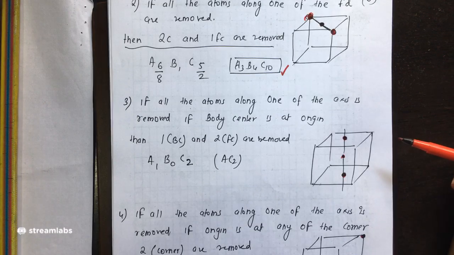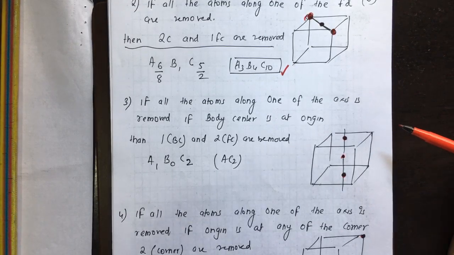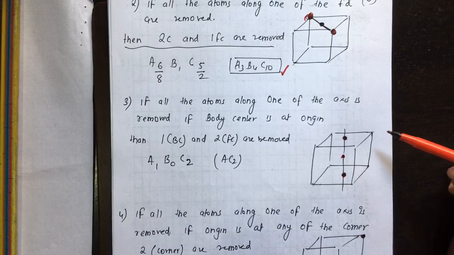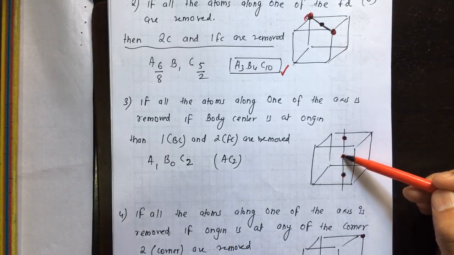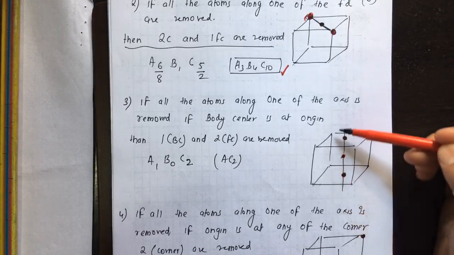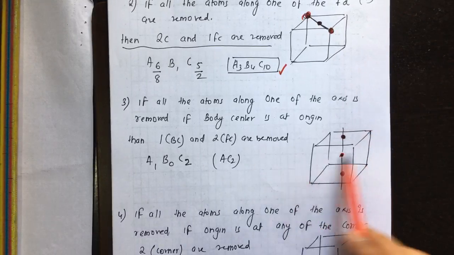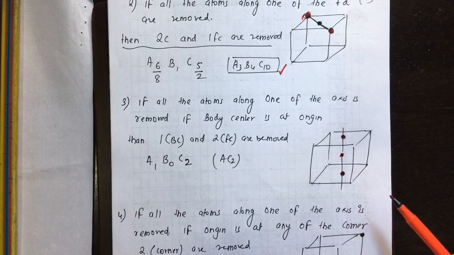Next, one more. If all the atoms along one of the axes are removed, if the body center is at the origin. So if the body center is at the origin, you can take this as an axis.